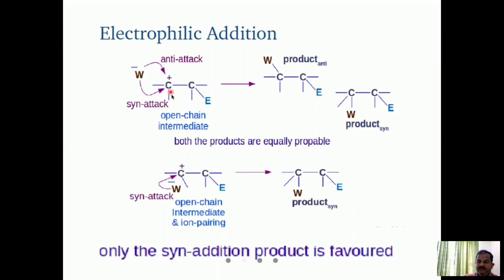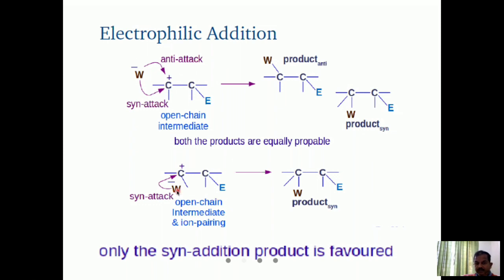If it attacks from this side, then it will be anti. If it attacks from this side, this is syn, meaning an open chain intermediate is there. So both types of products are possible in this case. This is the anti product, this is the syn. So the probability is equal for both products.